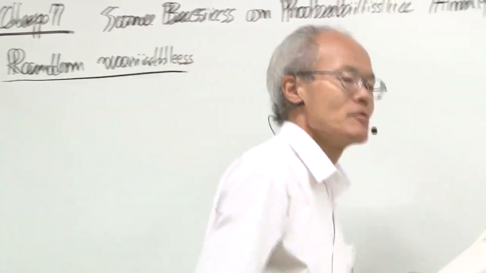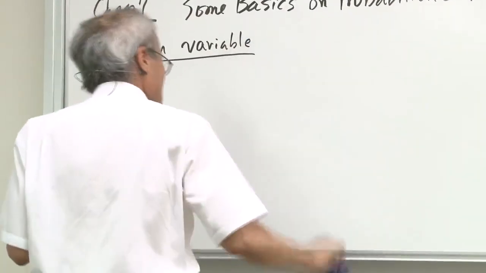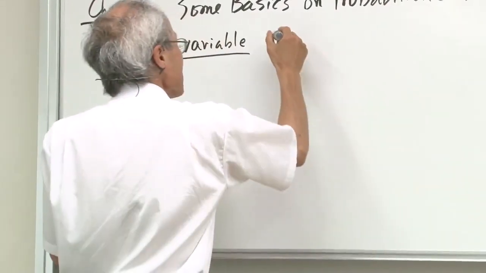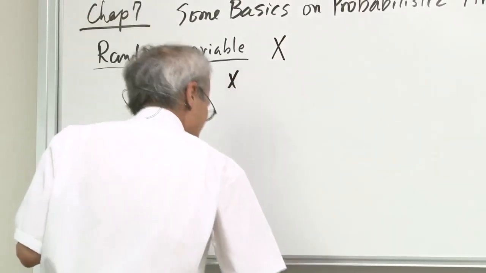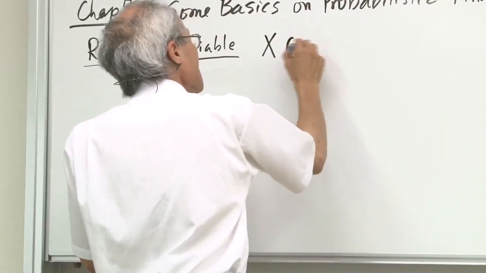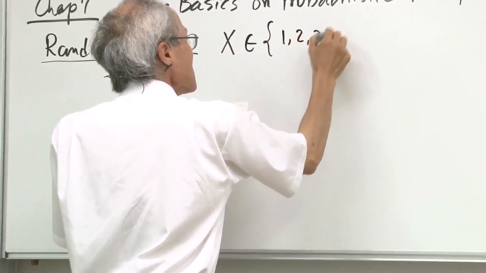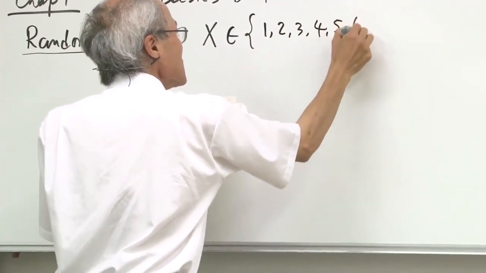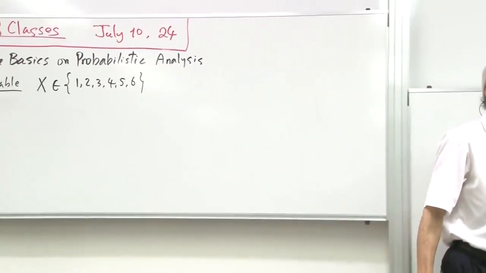This is the most important notion, random variables. Okay. So suppose that we have a random variable x. X is a number from 1 to 6.